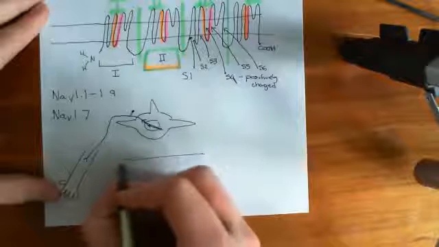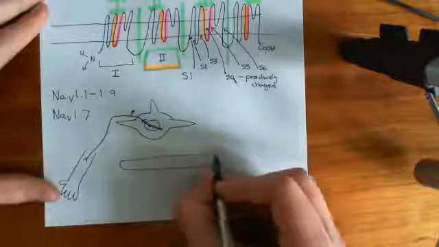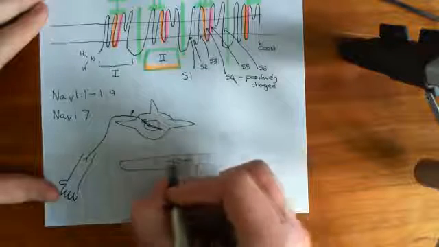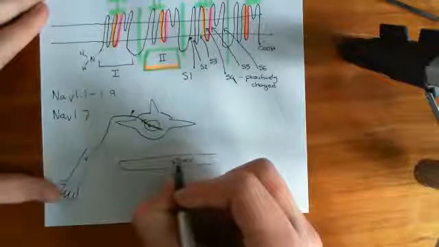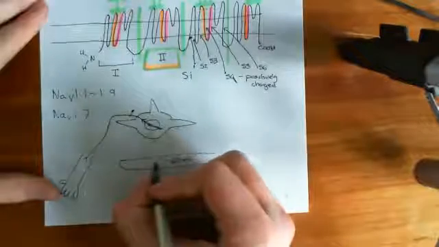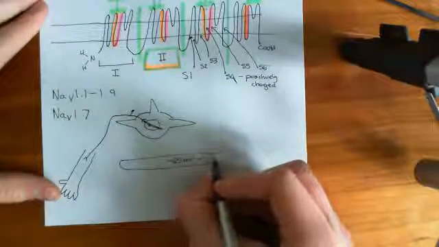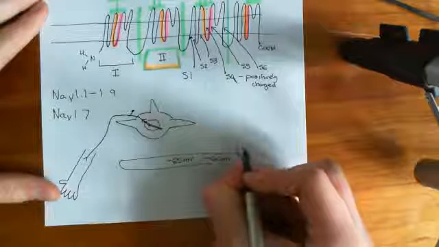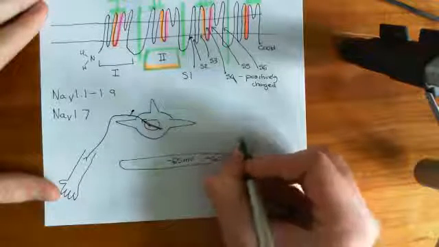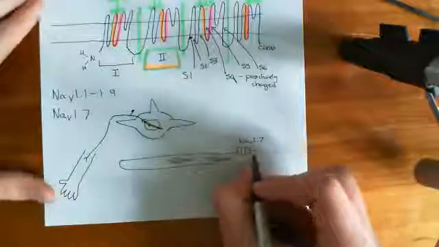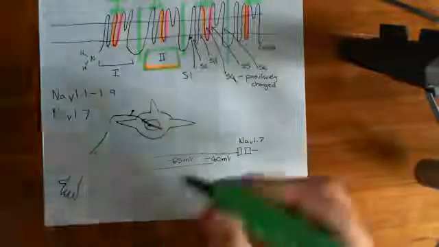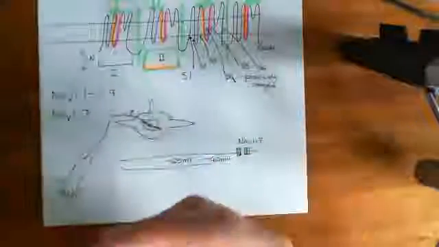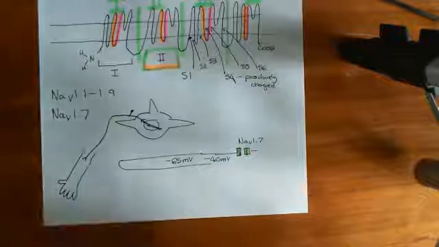So if we draw the membrane ending here, this is the sensory ending, usually the membrane is kept at around -65 millivolts. To make an action potential fire, you have to depolarize this membrane generally to -40 millivolts, and then the voltage-gated sodium channels, which are in this case NaV 1.7 sodium channels, will open and allow sodium to move into the cell, which will then trigger the upwards part of the action potential.